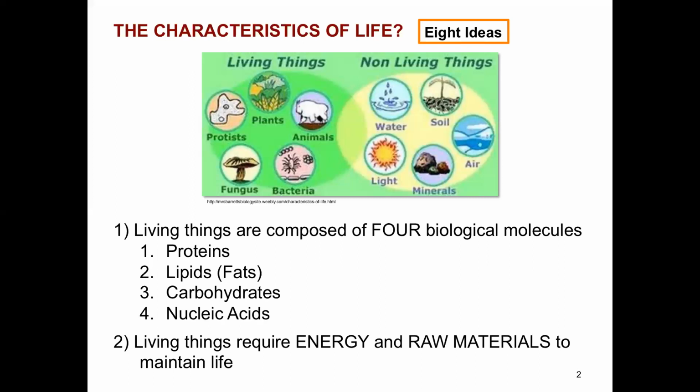We'll remind you this many times in the course, but if you think back to when you studied this before, it's ATP, all right? So we will talk about ATP a little bit later. What are our raw materials? Well, it's the food and water that we take in. All right, so these are required by living things. So we combine energy and our building blocks or our raw materials, and we get life.